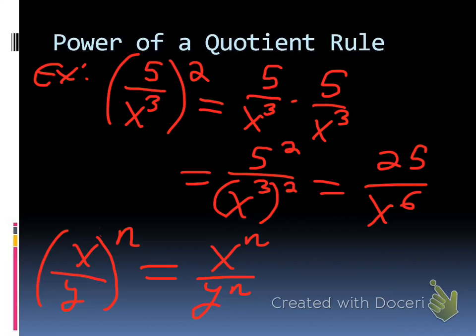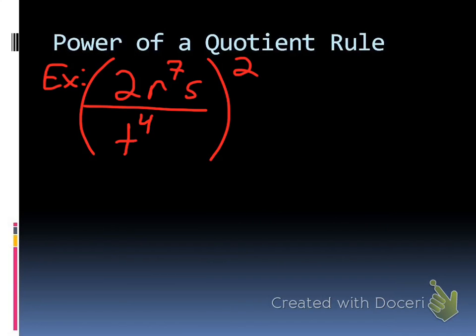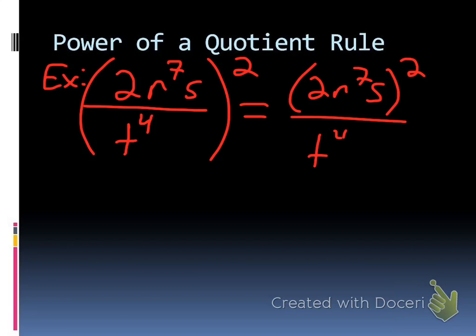Okay, let's do another example. Here I'm going to apply the square to both the numerator and the denominator. So this is actually 2r to the 7th s raised to the 2nd power divided by t to the 4th raised to the 2nd power.